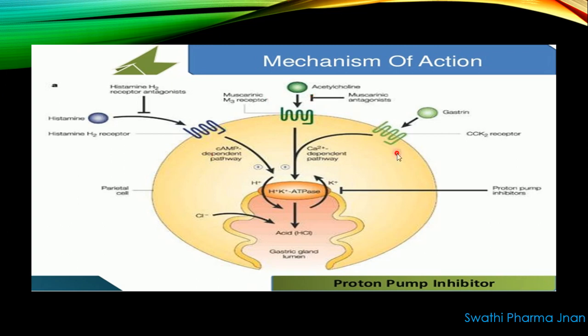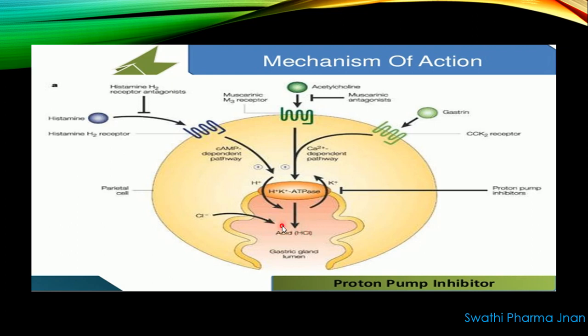This is the diagrammatic representation of the mechanism of action. An H2 receptor antagonist will bind to the H2 receptor and block the actions of histamine. When we give proton pump inhibitors, they will inhibit this proton pump. If the proton pump is inhibited, it will inhibit the release of acid.